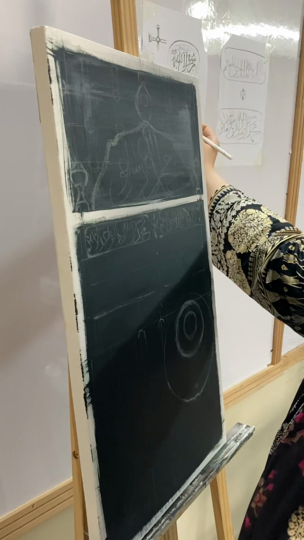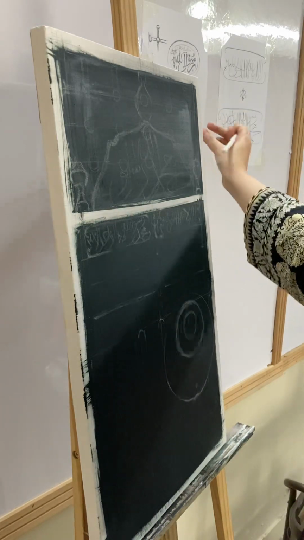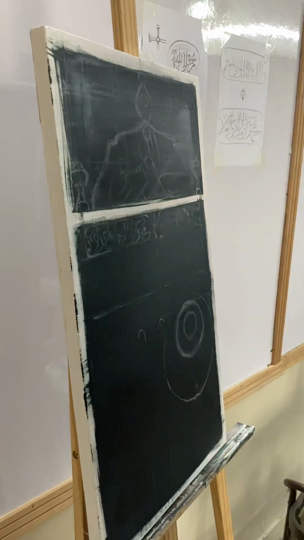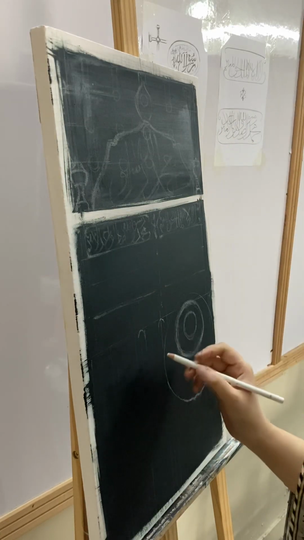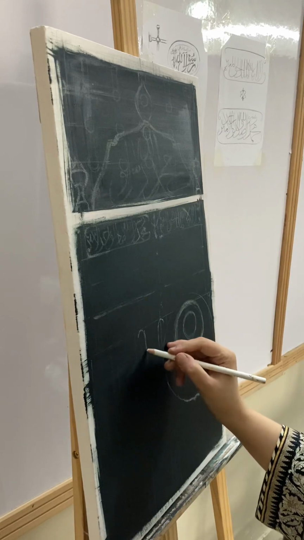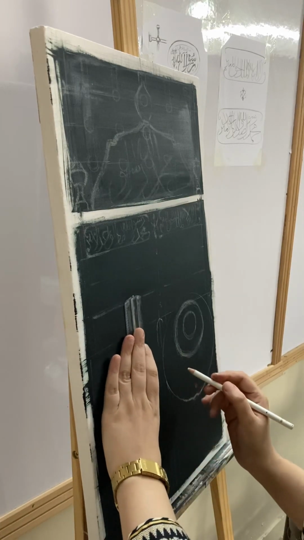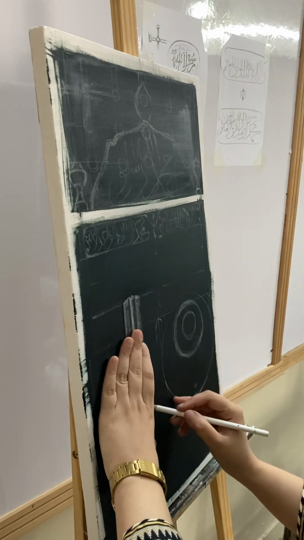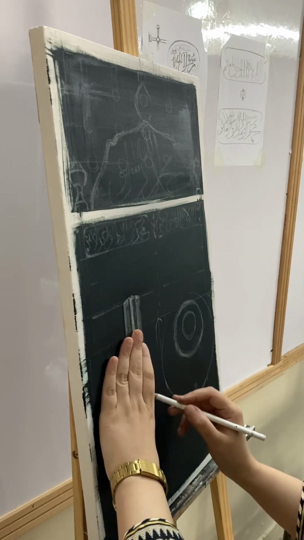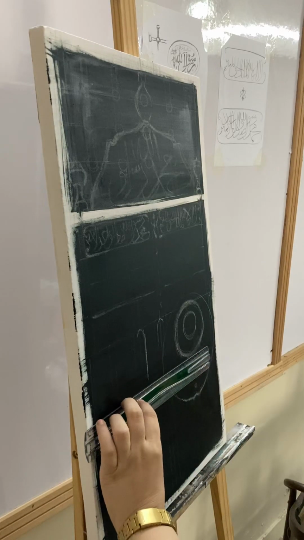Here we have some designs, and then these two rods are connected with this circular bracket sort of structure. Again, we are going to use the scale. And again, we have rows and columns here.